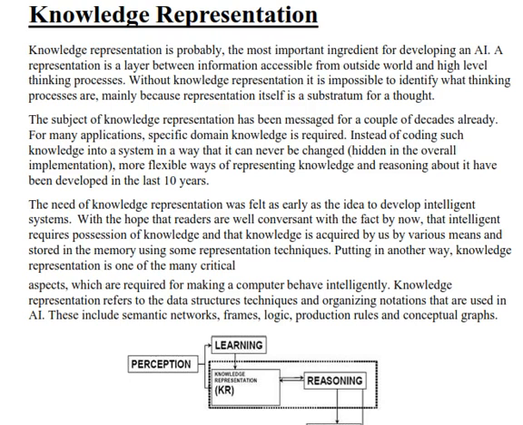Putting it another way, knowledge representation is one of the many critical aspects required for making a computer behave intelligently. Knowledge representation refers to the data structure techniques and organizing notations that are used in AI.